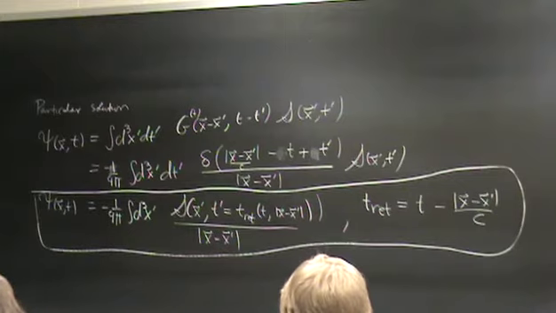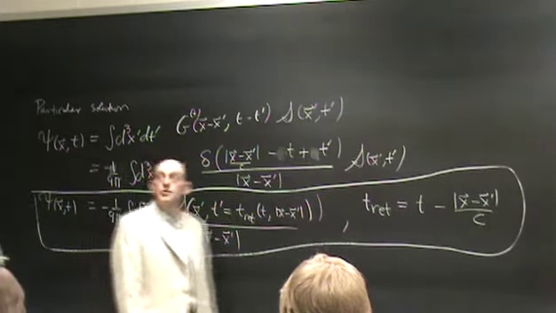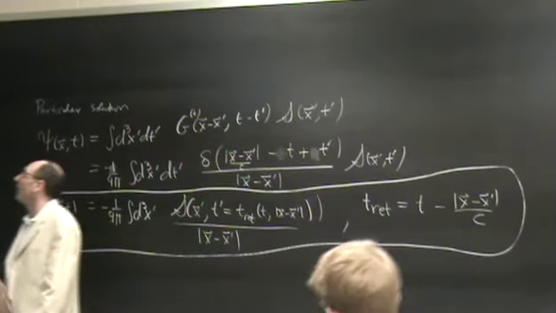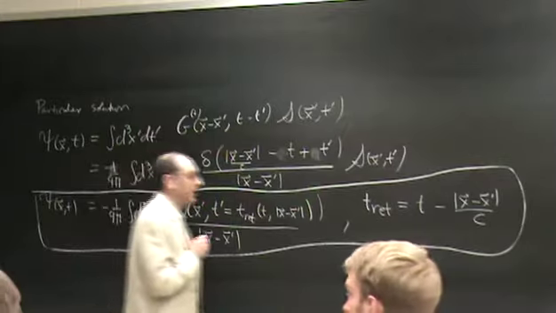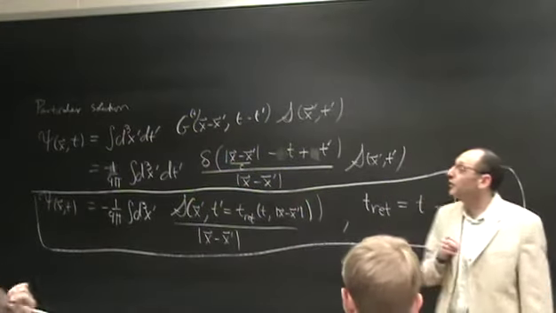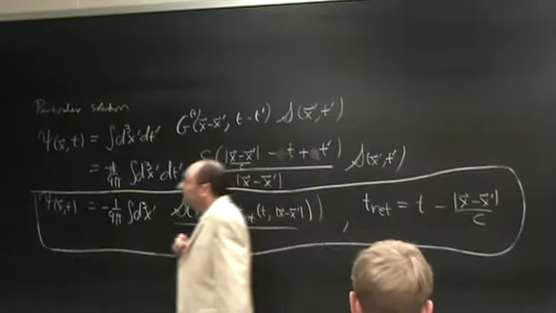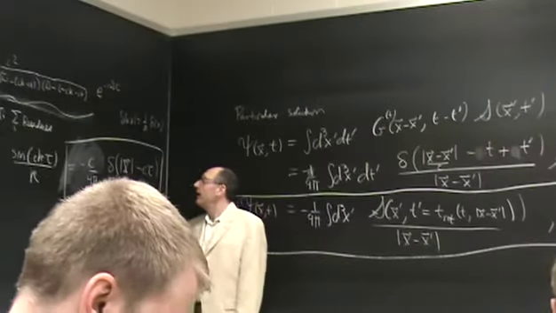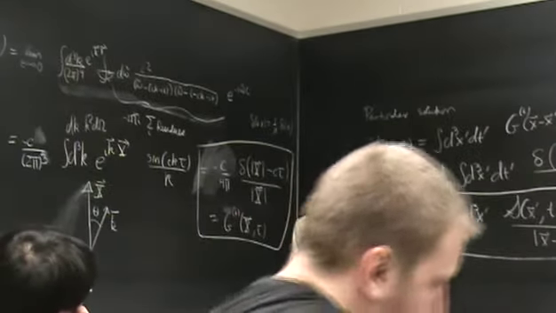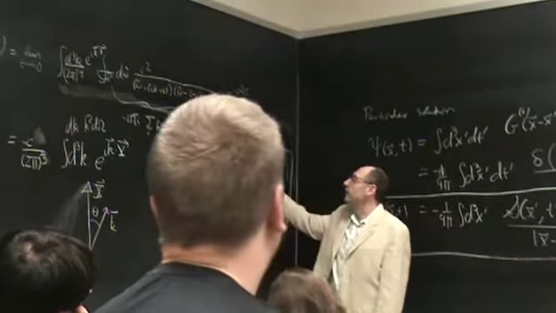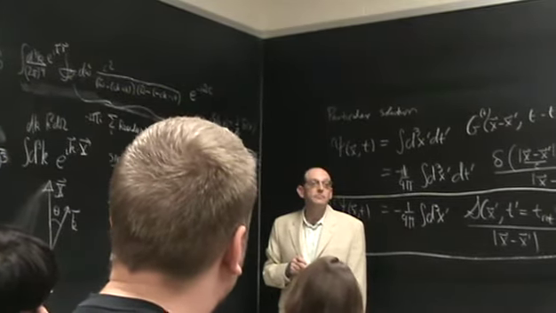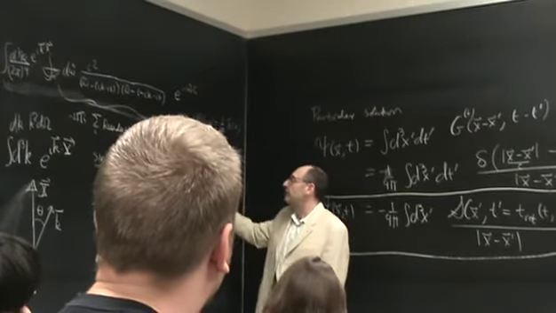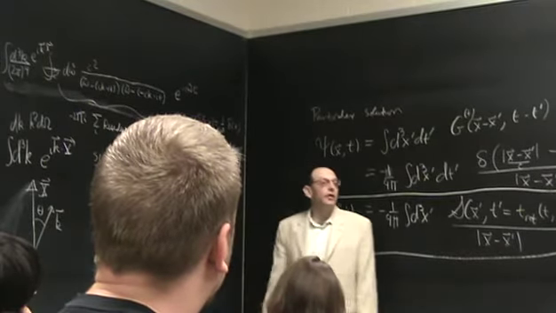So let's interpret some of these solutions that we have found. First of all, let's look at the Green's function that we found in the time domain. The Green's function is 0 everywhere except when tau is equal to the magnitude of x over c. And then it falls off like 1 over that magnitude.